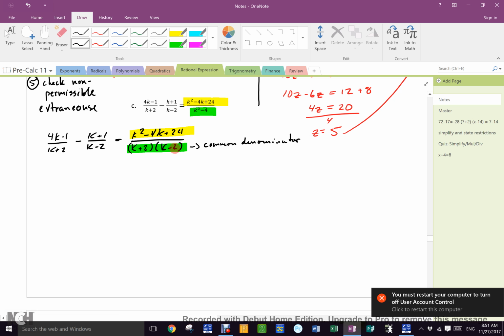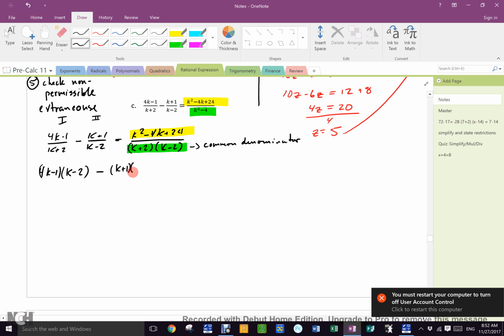If our common denominator is this, what is this guy missing? What does term 1 need? I just wrote term 2. What does term 1 need from this denominator? K minus 2, correct? So this is going to be 4k minus 1 times k minus 2, right? Minus, what does term 2 need? K plus 2.